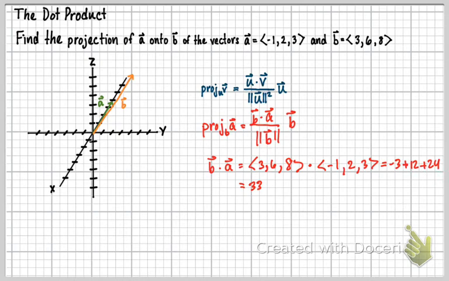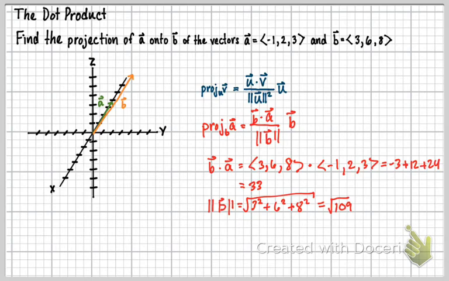So that's our dot product. And then our magnitude of B, not P, but B, is going to equal 3 squared plus 6 squared plus 8 squared, square rooted. And that's going to result in square root of 109. That's our magnitude of vector B.